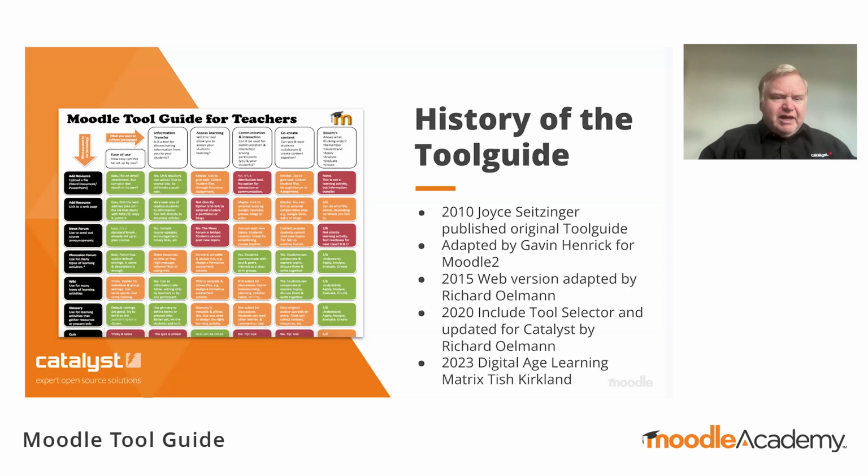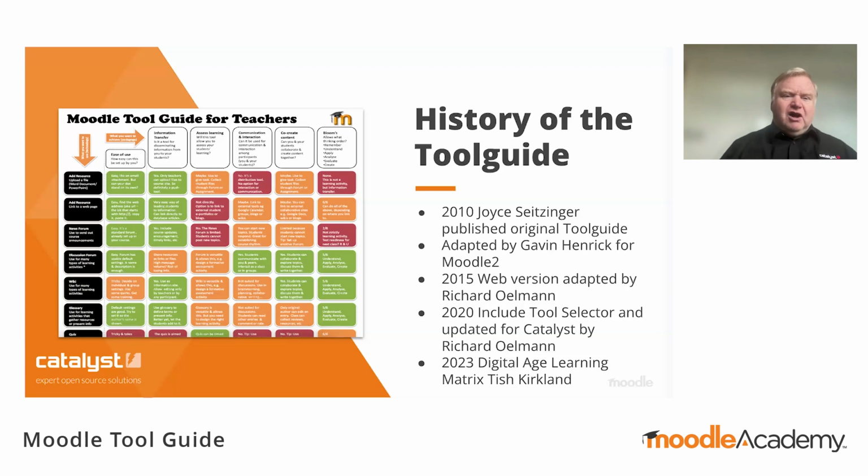So all the tools that were available in Moodle were down the one side, and different parts of pedagogy along the top. So whether or not you needed to use the tool for information transfer, for assessing learning, for communication, or for co-creating things with students. And the other column, the one at the end that Joyce added, was using Bloom's taxonomy, what that tool could contribute to Bloom's.